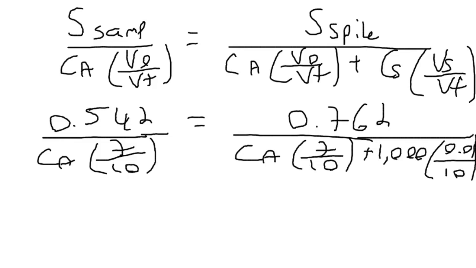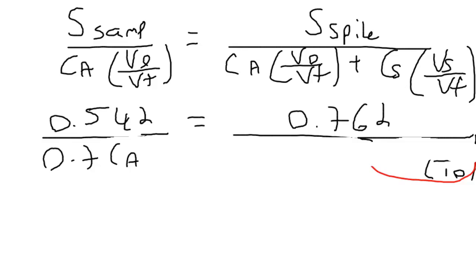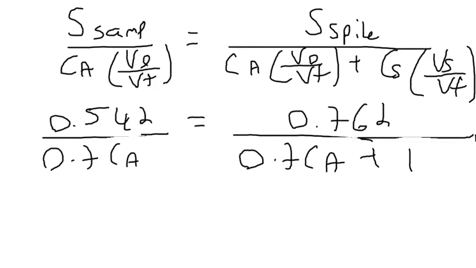And when we actually do some of those calculations and simplify it a bit, this is going to be 0.7 times Ca. This is also 0.7 times Ca. This term here ends up being equal to 1, so that simplifies. So we get 0.7 Ca plus 1.